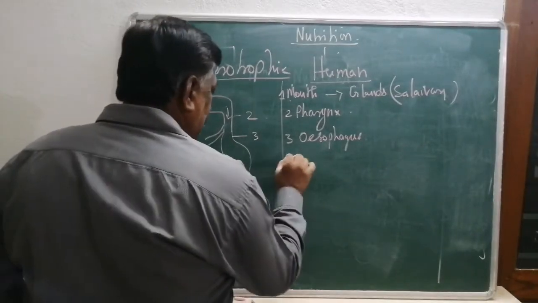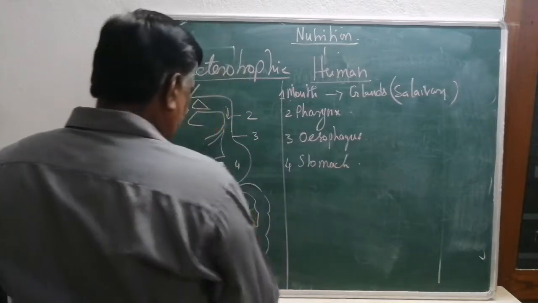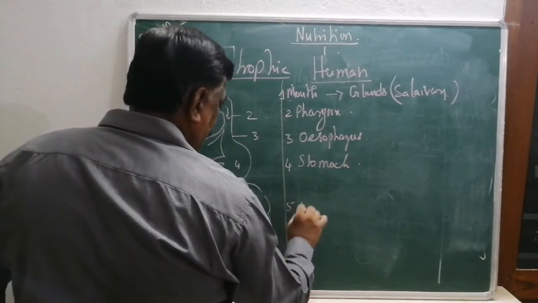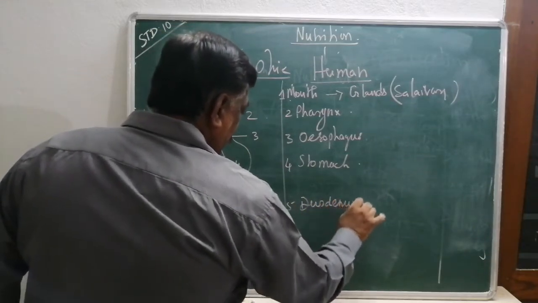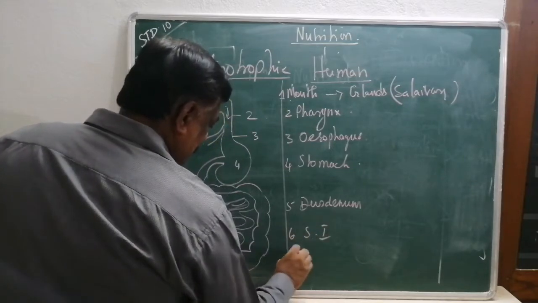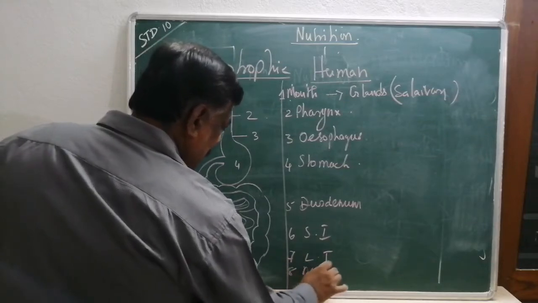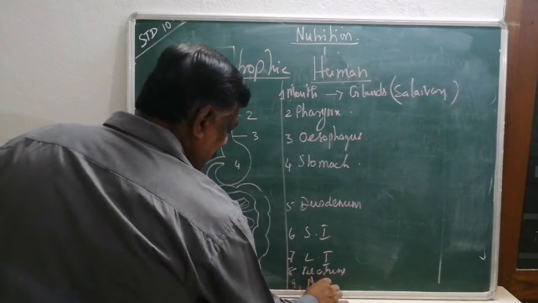The fourth one is the stomach. The fifth one is the duodenum. The sixth is the small intestine. The seventh is the large intestine. The eighth is the rectum. The ninth is the anus.